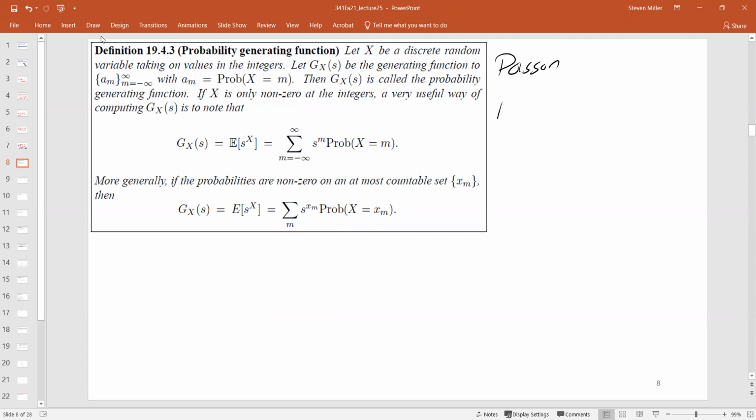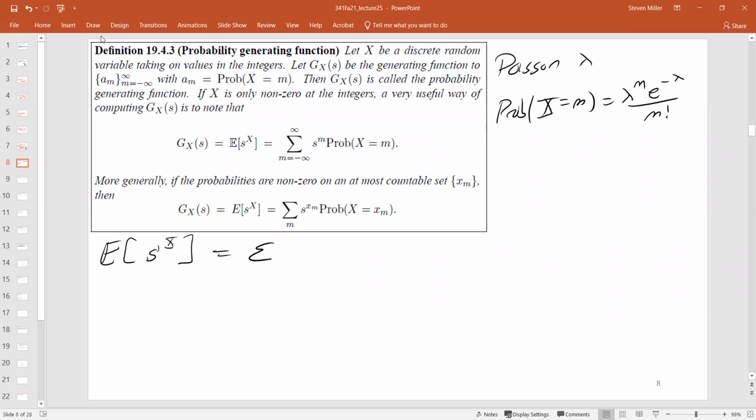For Poisson with parameter lambda, the probability that X equals m would be lambda to the m, e to the minus lambda over m factorial. We would want to calculate the expected value of s to the X. That would be the sum, m goes from 0 to infinity, of s to the m times lambda to the m, e to the minus lambda over m factorial.